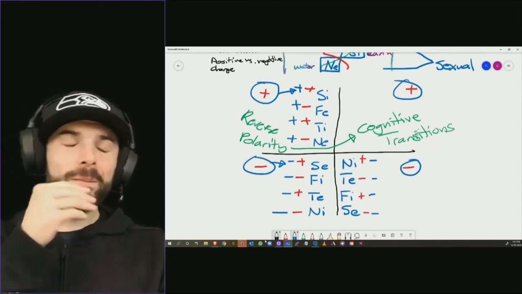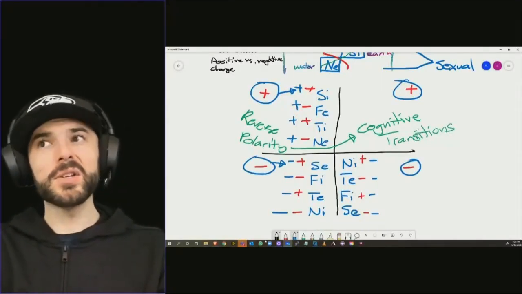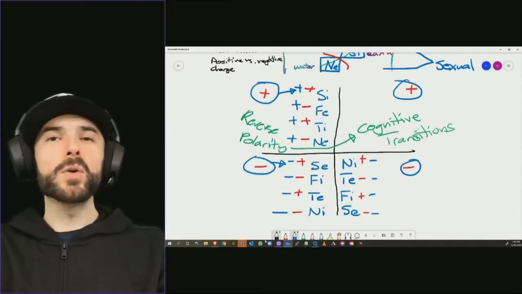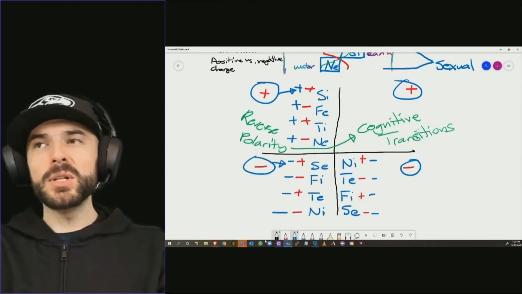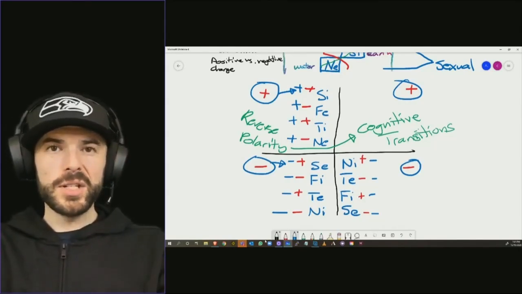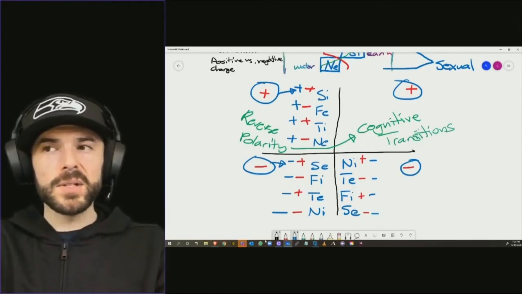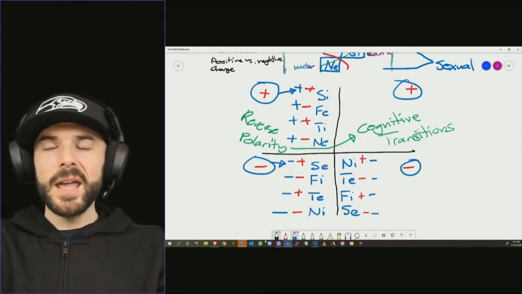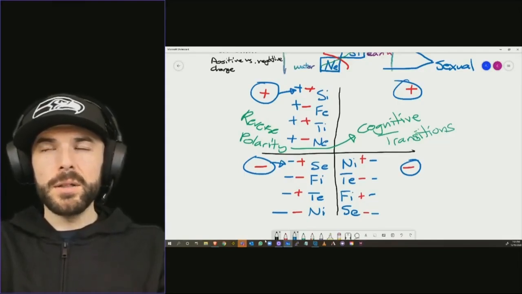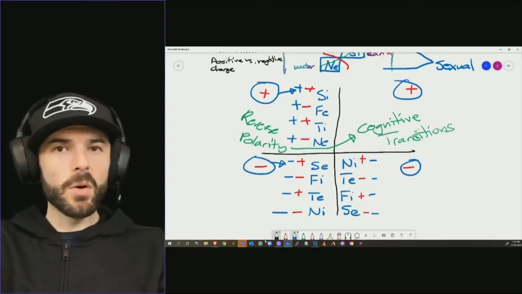The system is gigantic, and quite frankly, it's ultimately limitless, and we're constantly learning more and more new things about the human mind as we do this. But you literally could see, using an electrical energy system, how cognitive transition actually works, because the four sides of the mind have their own positive or negative charge, but then also the cognitive functions have their own positive and negative charge.